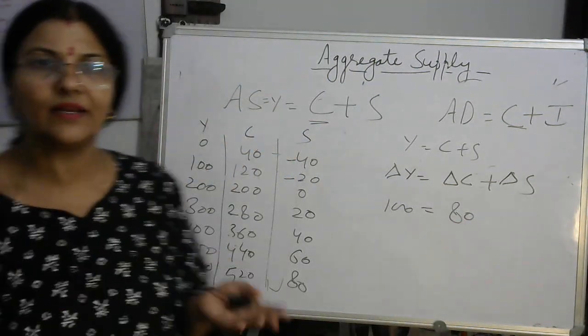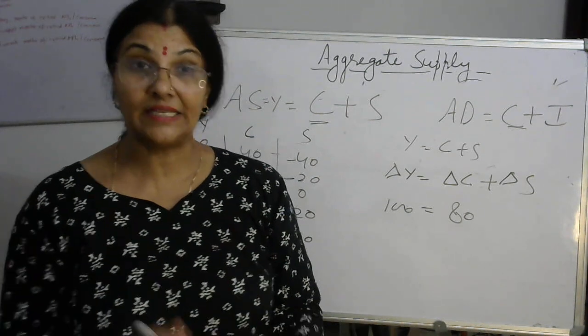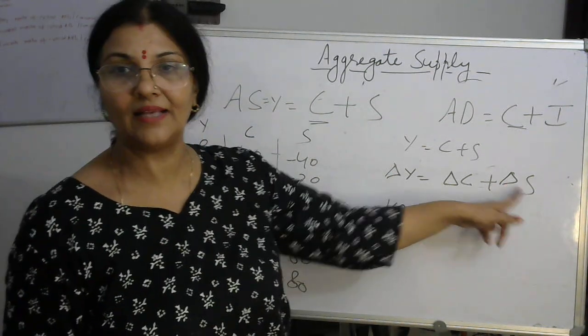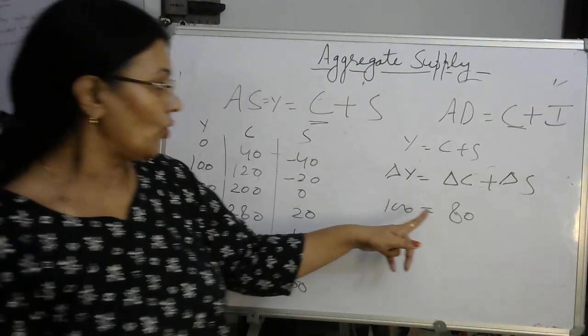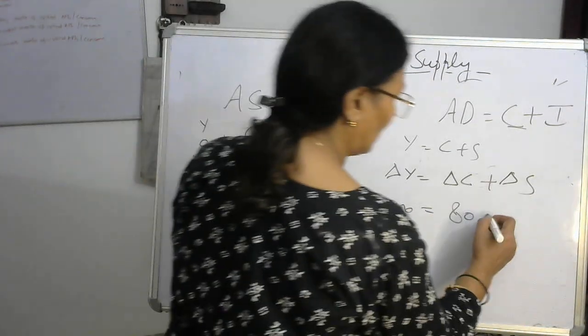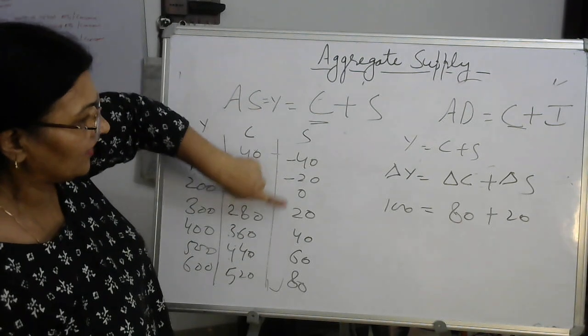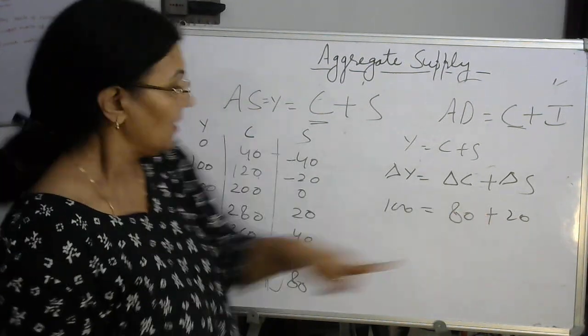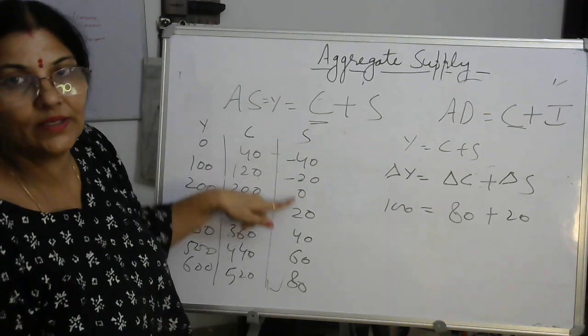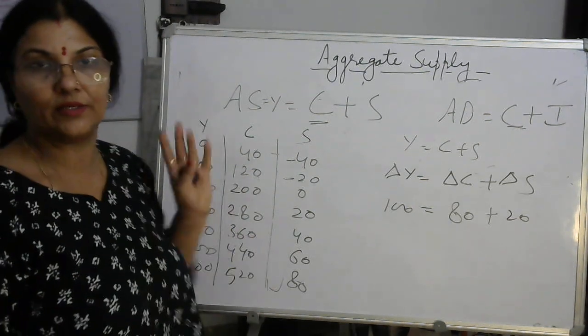So saving will increase by 20 crores, because change in C plus change in S is equal to change in Y. So 100 minus 80 is equal to 20. You can see the saving is increasing by 20 crores: minus 40, minus 20, 0, 20, 40, 60, 80.